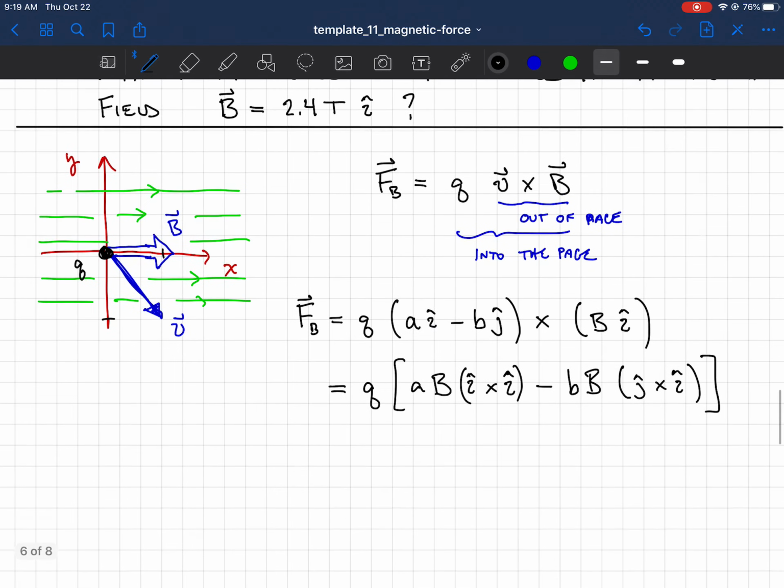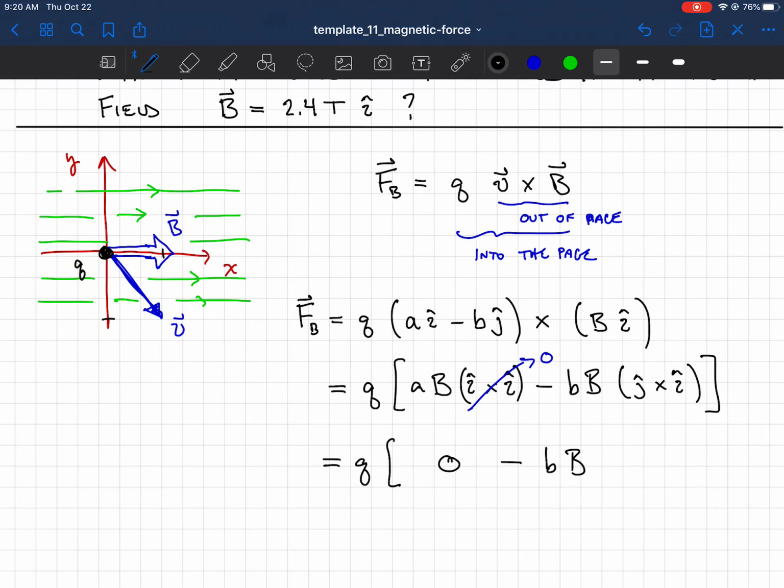So what does that turn out to be? Well, this thing is i hat cross i hat, that's 0, because the cross product of two vectors that point in the same direction is 0. So we get a 0 there. And then we get minus b B, j cross i. Well, remember in the previous page, we found i cross j was k. So this will probably be minus k, but let's check it.